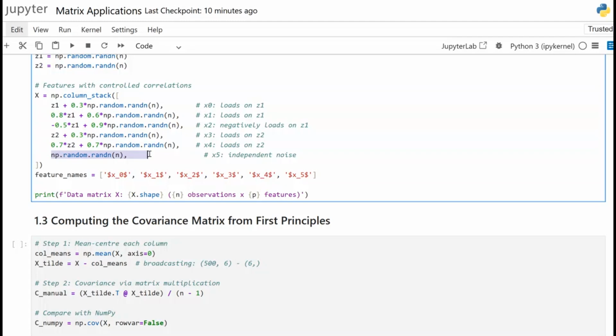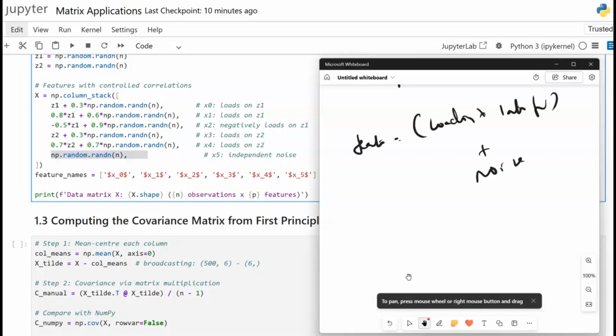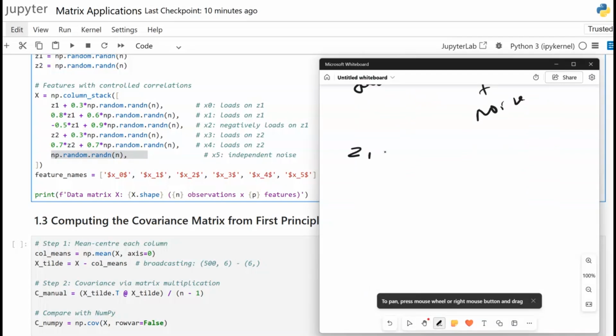Dear friends, this construction produces two correlated feature groups. Group 1 is driven by Z1, with X0, X1 and X2, and has strong internal correlation. Here X2 is negatively correlated with X0 and X1. Group 2 is driven by Z2, with X3 and X4, which are positively correlated with each other.